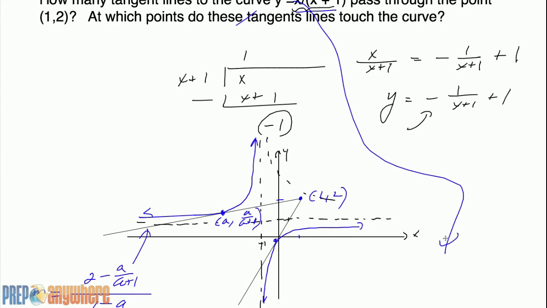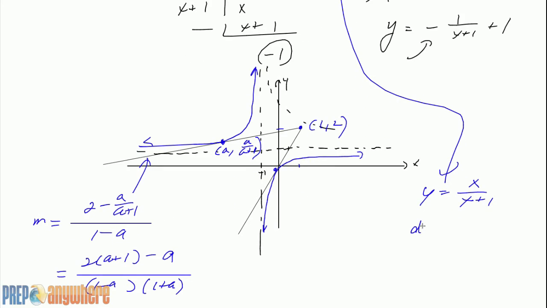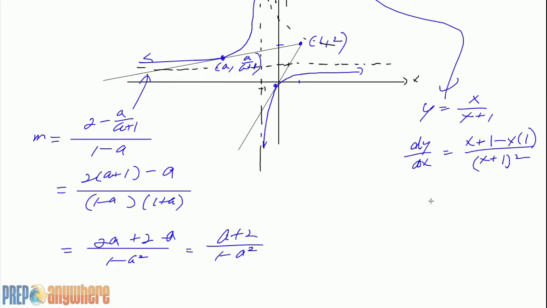We can get that from differentiating x over x plus 1 using quotient rule. dy over dx is going to be x plus 1 minus x, all over x plus 1 squared. If you plug in x equals a in there, you get 1 over a plus 1 squared.